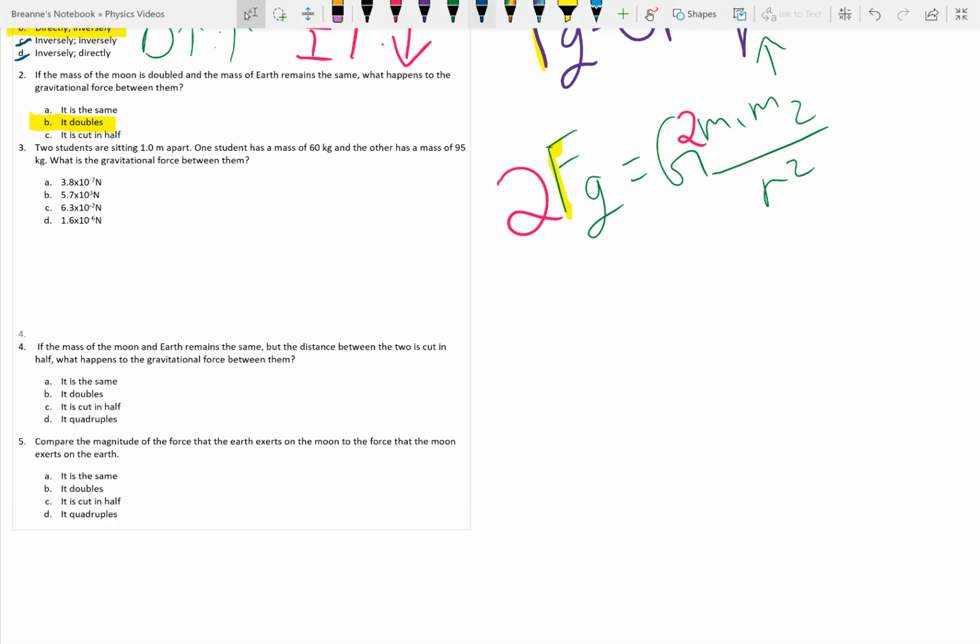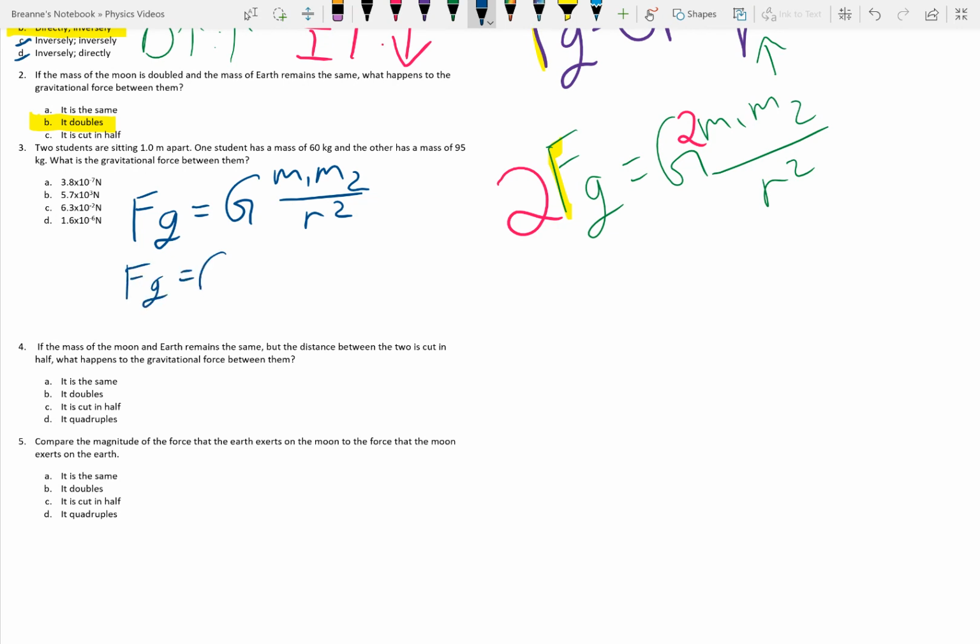So again, remember the biggest issue we have in this unit is plugging in. So mass 1, mass 2 over r squared. So our force of gravity, our G is 6.67 times 10 to the negative 11, times 60, times 95.